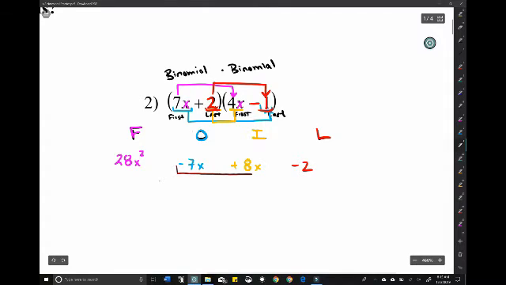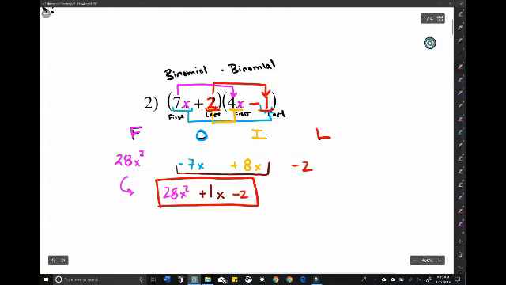So negative 7 plus 8 is going to be just 1x, a positive, and the rest of the stuff will just come on down. So 28x squared plus 1x minus 2. You just multiplied a binomial times a binomial, okay?